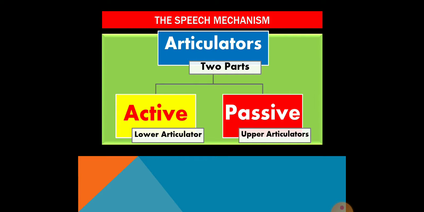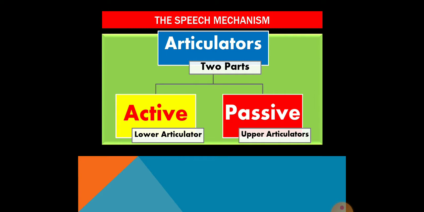There are two types of articulators: active and passive. Active articulators are those organs which move towards the stationary one in the process of production of sound.